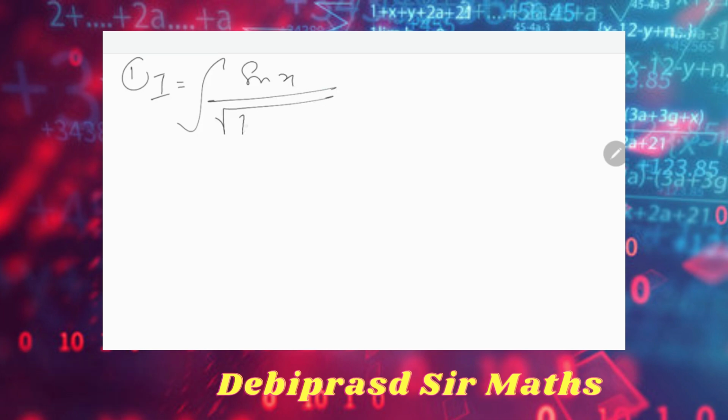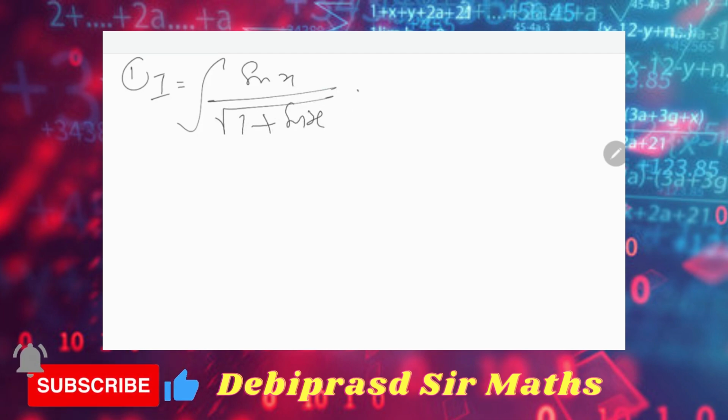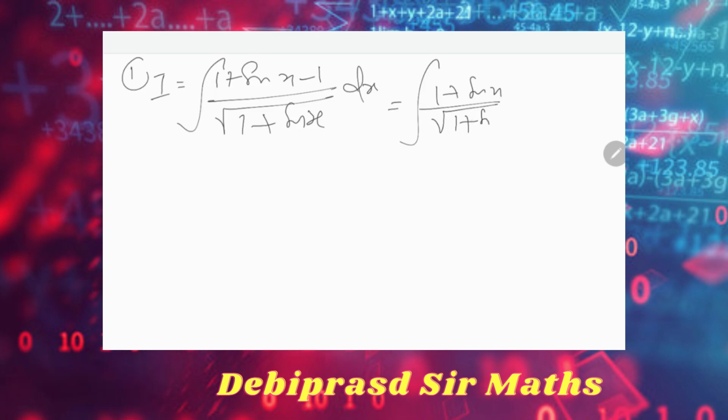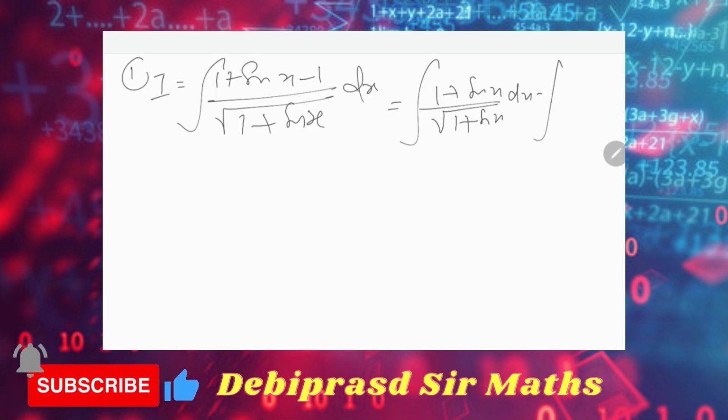First you will consider I is equal to sin x by root over 1 plus sin x dx. That was the sum. So what will you do? First you will add 1 and subtract 1. Then you will segregate: 1 plus sin x by root over 1 plus sin x dx minus dx by root over 1 plus sin x.